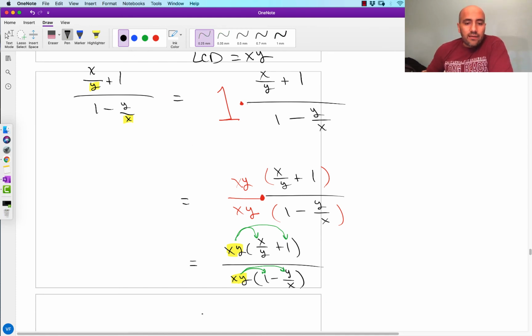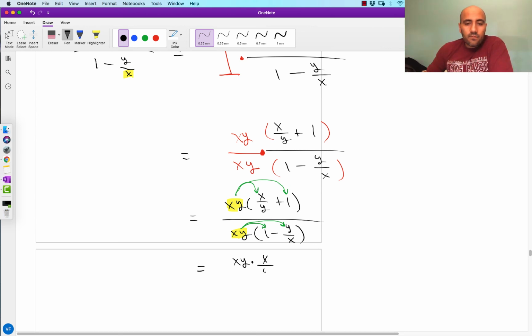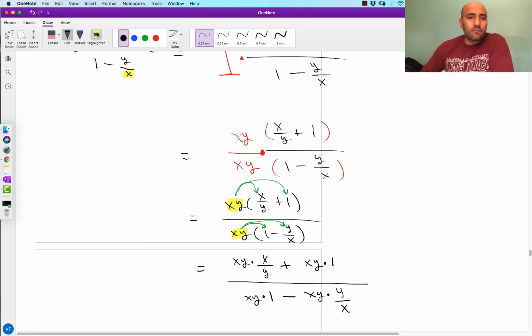When I do that, I end up with xy times x over y, plus xy times 1, divided by xy times 1 minus xy times y over x. Okay, so just distributing across. 1 times anything is that same result, so that doesn't change anything.